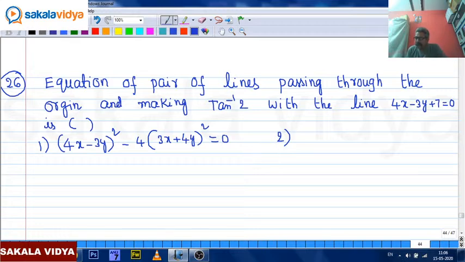Second option: (4x minus 3y) whole square minus (3x plus 4y) whole square is equal to 0.